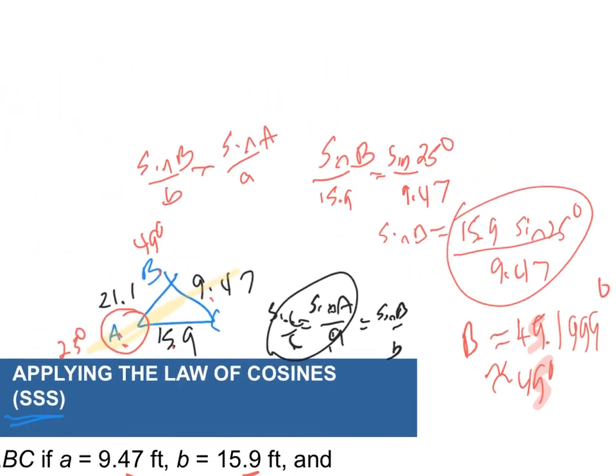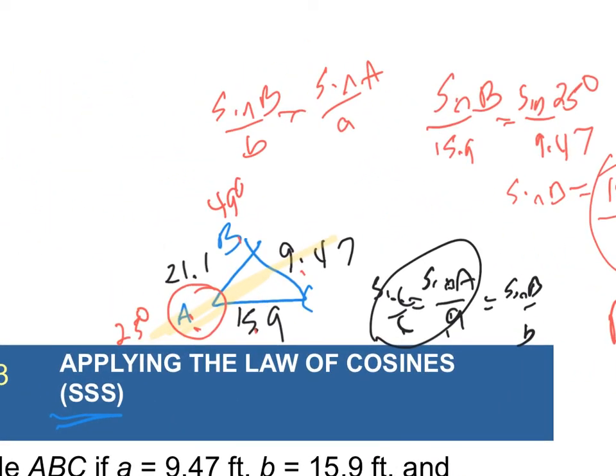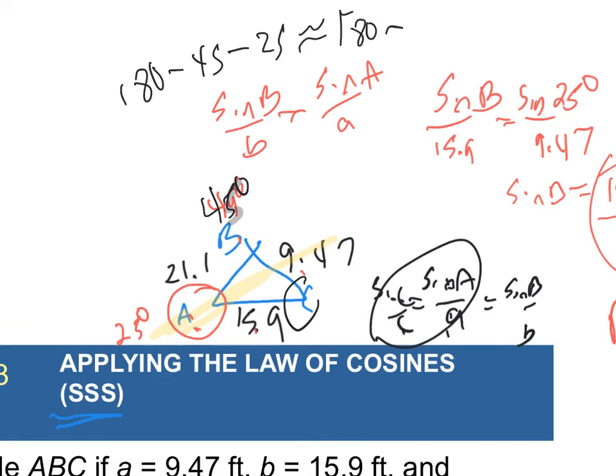So let me go back over here. 45. So how do I get my third one? Well, 180 minus 45 minus 25 is approximately 180 minus 70. So I'm going to go with 110.